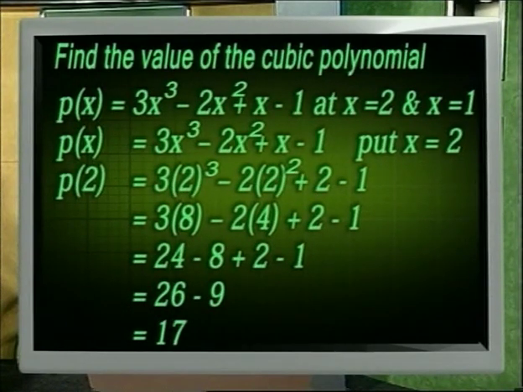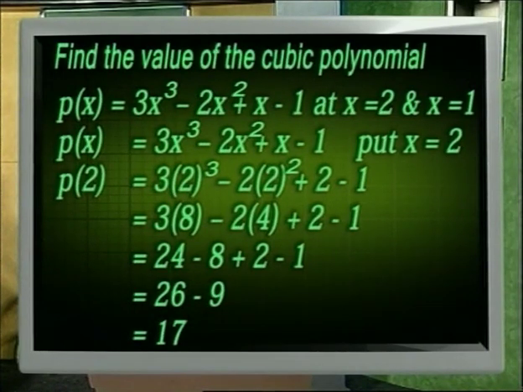So p(2) equals 3(2 cube) minus 2(2 square) plus 2 minus 1, which gives you 3 multiplied by cube of 2, which is 8, minus 2 multiplied by square of 2, which is 4, plus 2 minus 1 equals 24 minus 8 plus 2 minus 1.